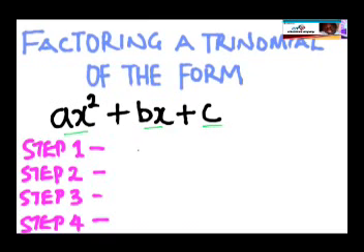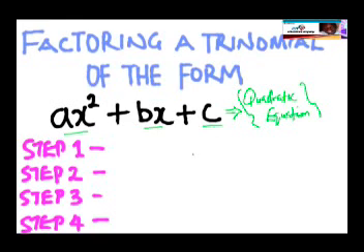This reminds you of a quadratic expression. So this is a quadratic equation, and as a matter of fact, we'll be looking at how to factorize a quadratic equation. We have a couple of steps that we have to follow.